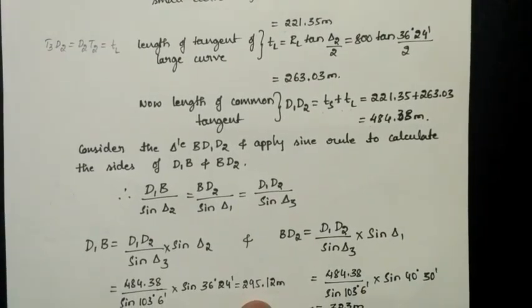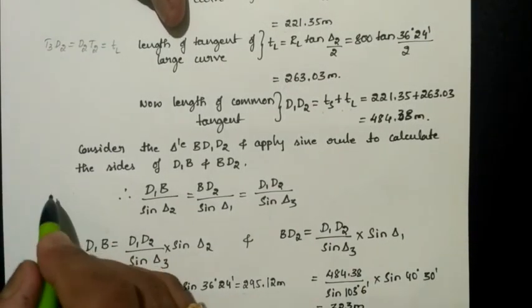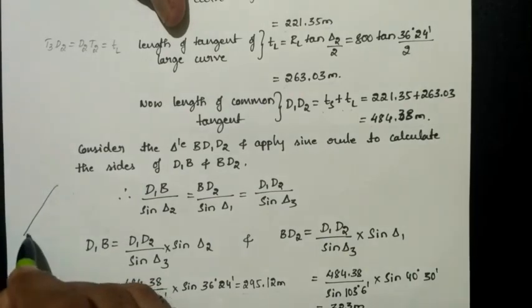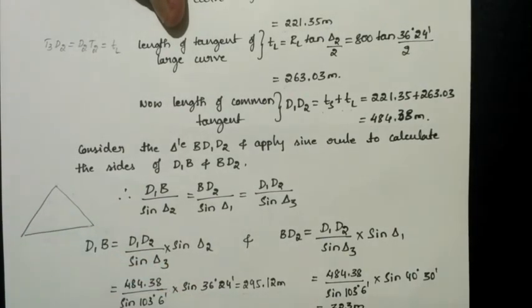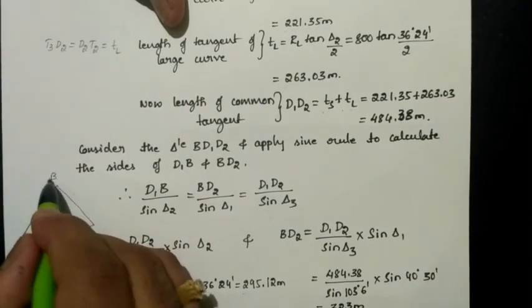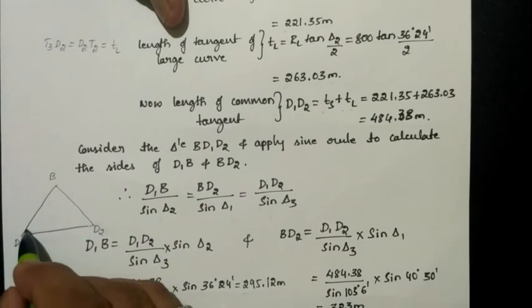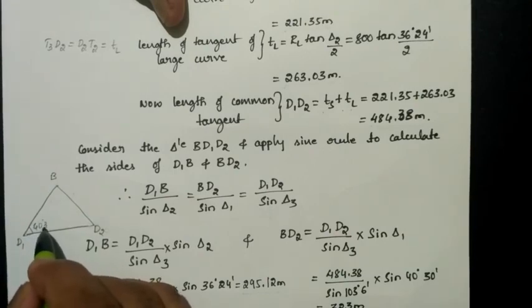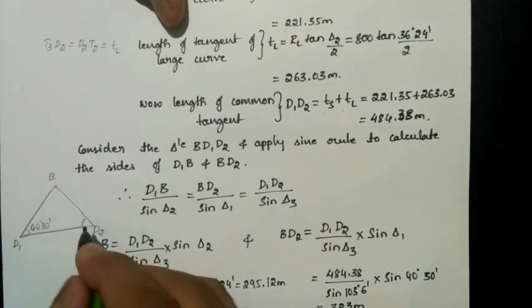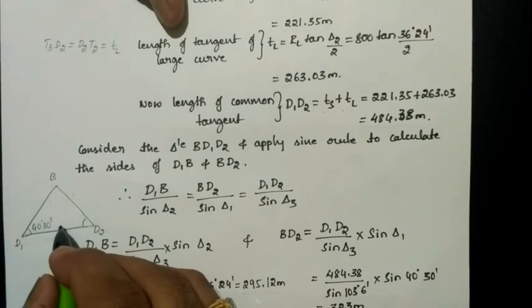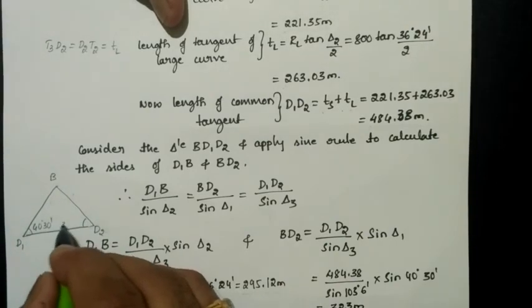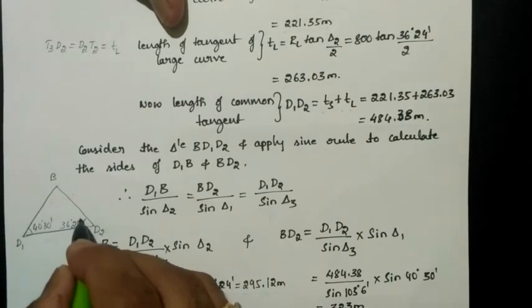Next, again, we shall consider the same triangle BD1D2, so that it is having delta 1, that is 40 degree 30 minutes, and delta 2, 36 degree 24 minutes.